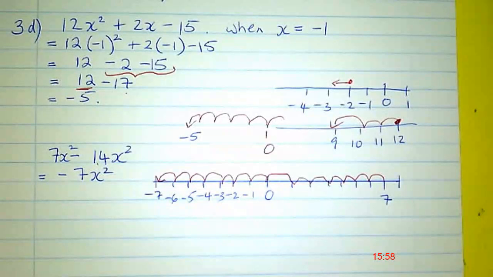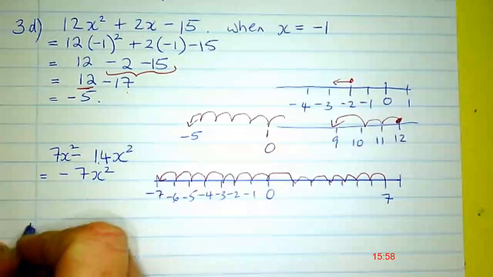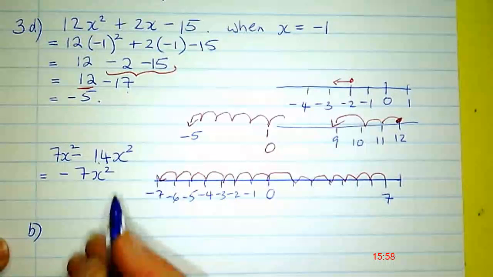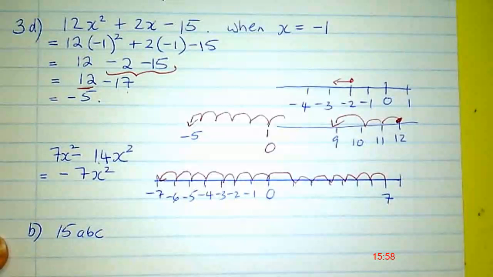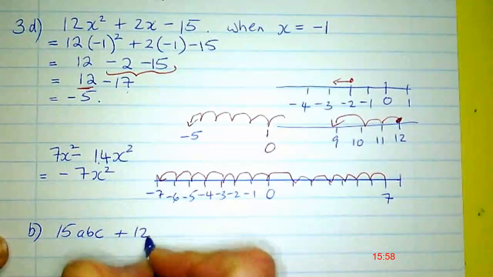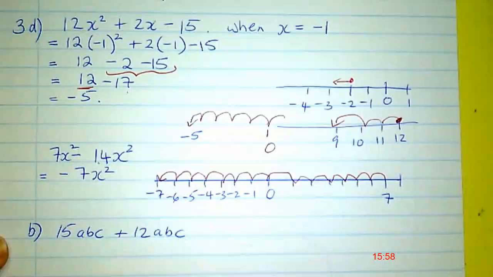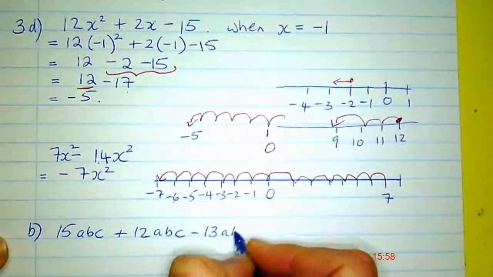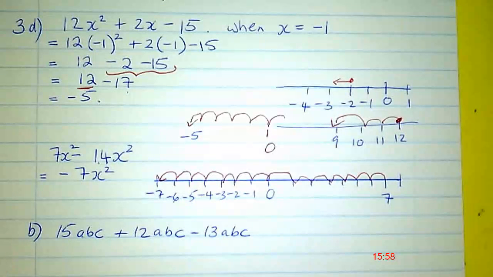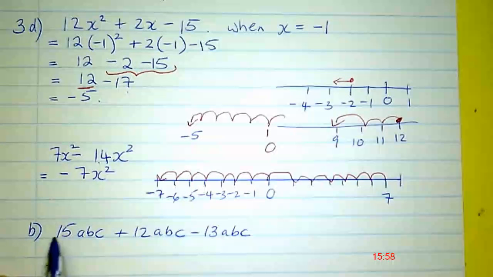Let's write them again on a piece of paper and see what happens. So the question, we can change it so that it's all alphabetical order. So we've got 15 ABCs, then we've got plus 12 ABCs by just putting them in the right order, minus 13 ABCs. So we're adding and subtracting things that are the same. Okay, so all I have to actually add is the 15 and the 12.